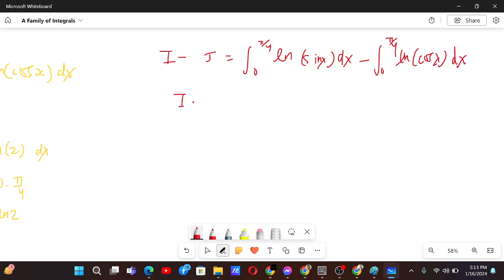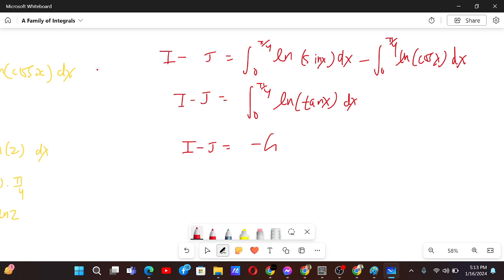Now we will use the property of logarithms, which gives ln sin x by cos x, which is ln tan x dx. This is already done, this is just minus g. We did it in the last problem.